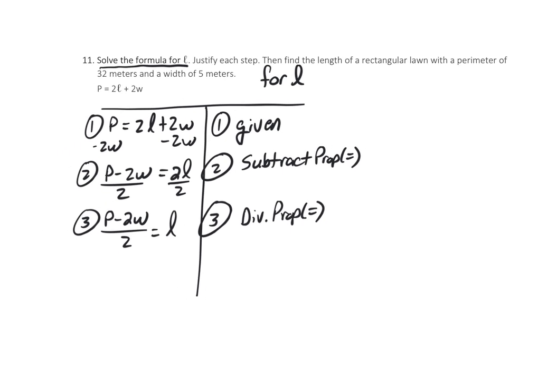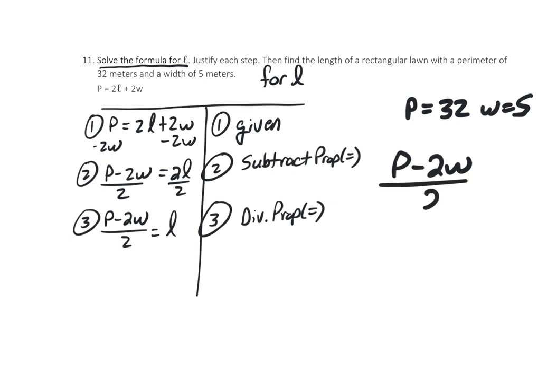Solve for L. We did that, okay? Now they're asking us to go a little bit further. And it says, if I have a rectangle that has a perimeter of 32 and a width of 5, I want to find out what the length is.